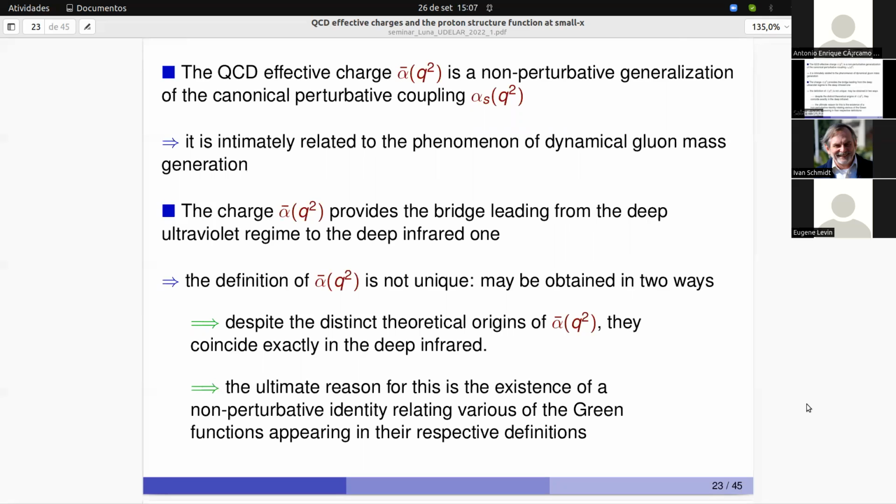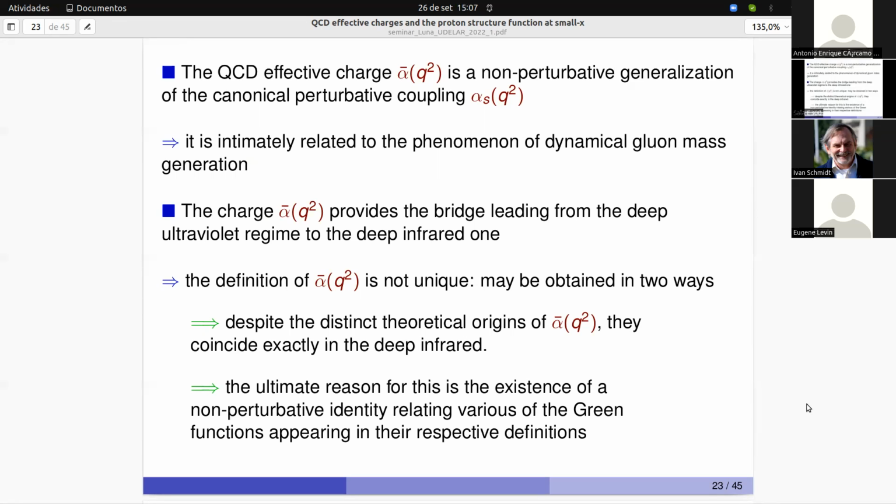We have basically two forms to obtain a QCD effective charge. But whether you use one or the other, they coincide very precisely in the deep infrared region. When you're talking about Q squared around 0.7 to 1, there is a small difference between the two approaches, but in the infrared they go exactly to the same behavior.